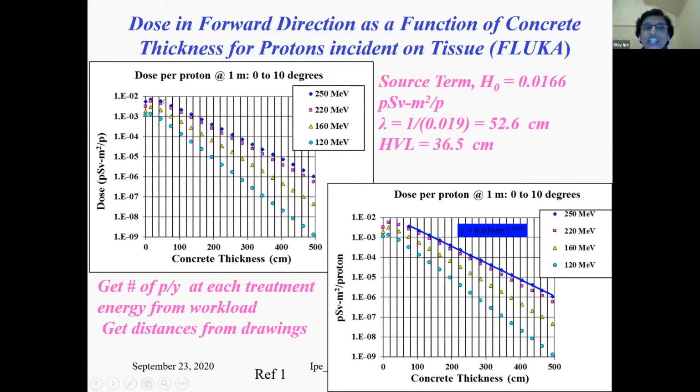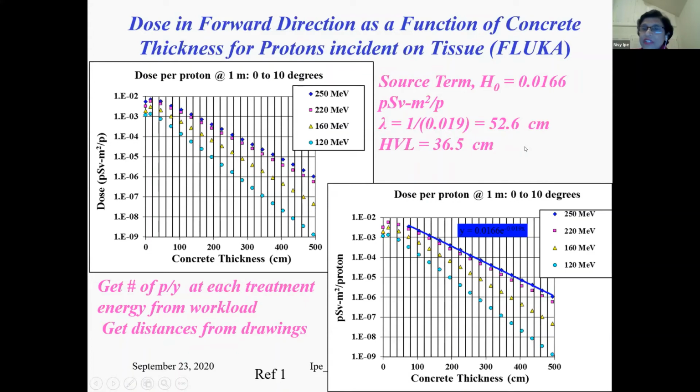So we can actually fit this data to a source term and an attenuation length, and we do that over here. And we will get a source term of 0.0166 picosievert at 1 meter per proton, and an attenuation length of 52.6 centimeters for this concrete. That corresponds to a half value of 36.5 centimeters.